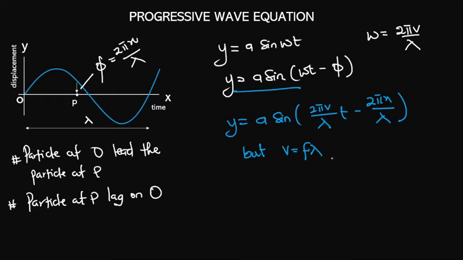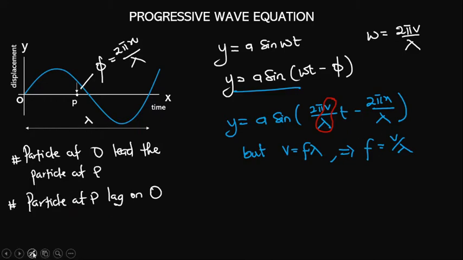If we make frequency the subject, we get frequency is equal to velocity over lambda. So this part of the equation, the velocity with respect to lambda, we can represent by the frequency f.